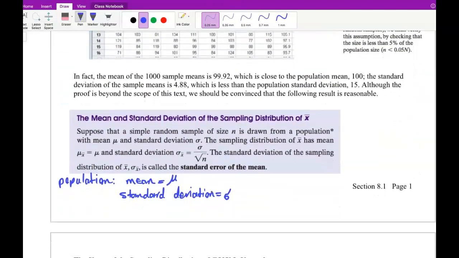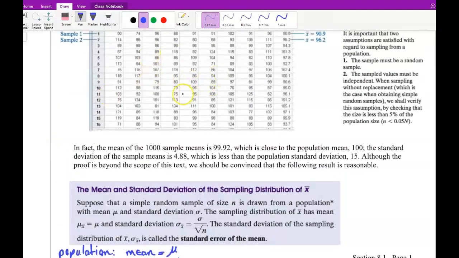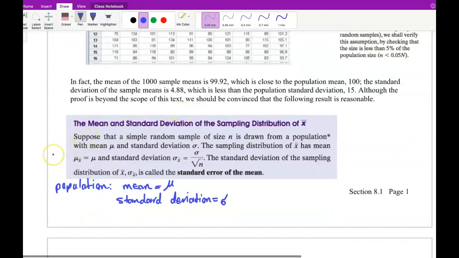I want to cover this part, and then we'll come back to this table. The mean and standard deviation of the sampling distribution of x bar are based on what we can choose from our population.